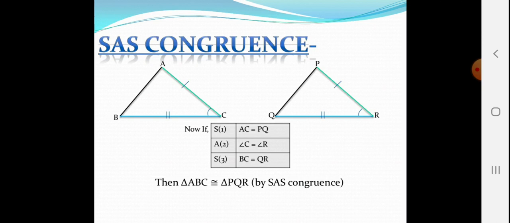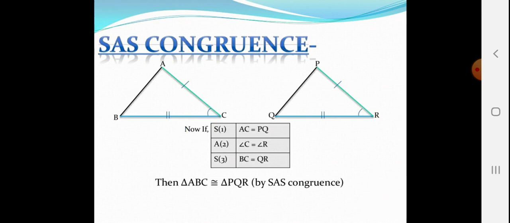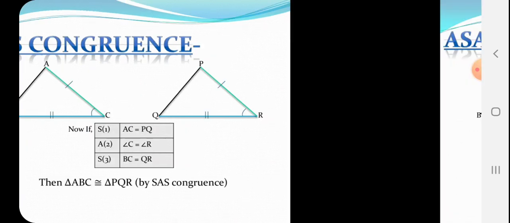So two sides and the included angle, here also two sides and the included angle, are congruent with each other. So I can say that triangle ABC is congruent with triangle PQR by SAS congruence.